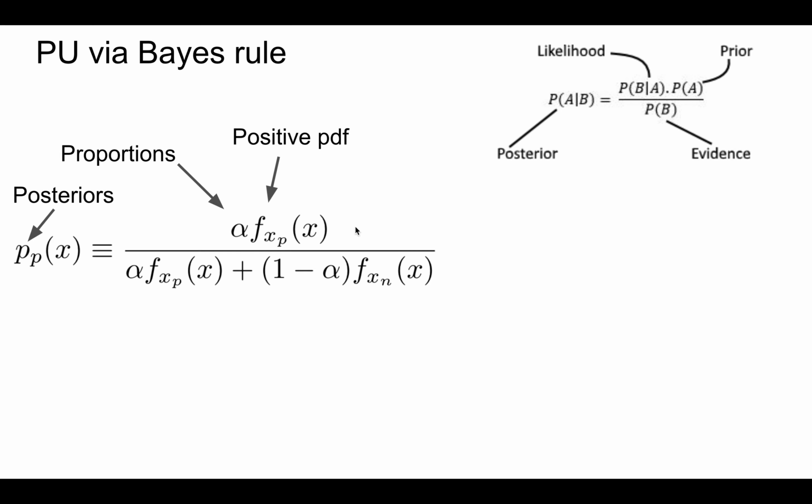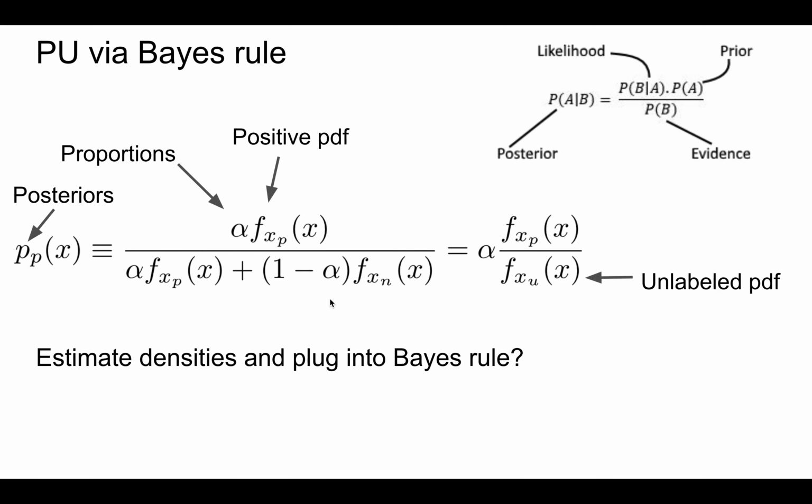We only have positives and unlabeled data. But this denominator is exactly the density of the mixture, so of the unlabeled data. Once we rewrite this formula like this, now we have samples from the numerator and from the denominator.